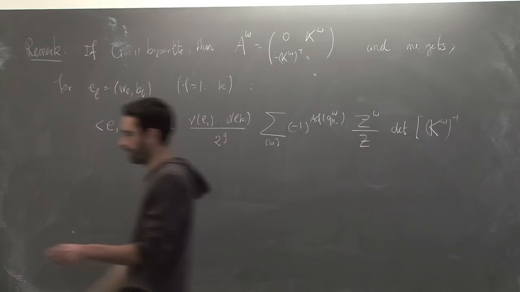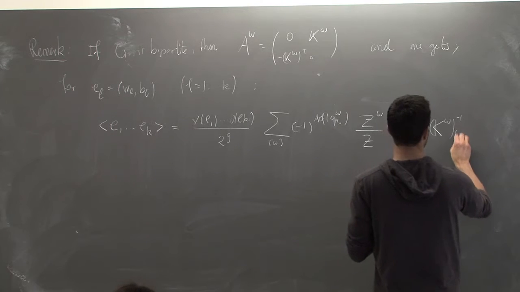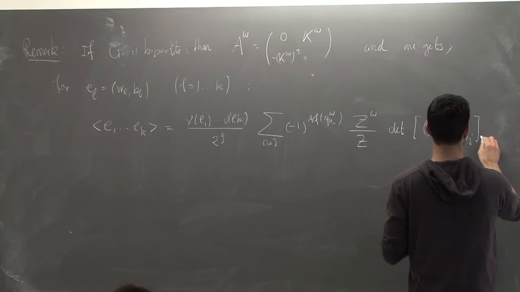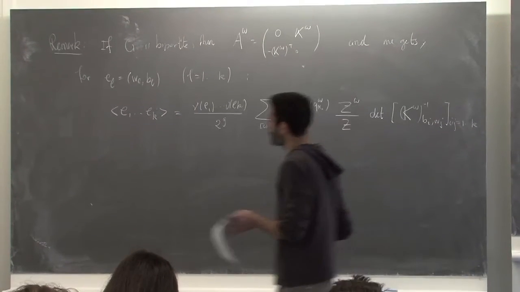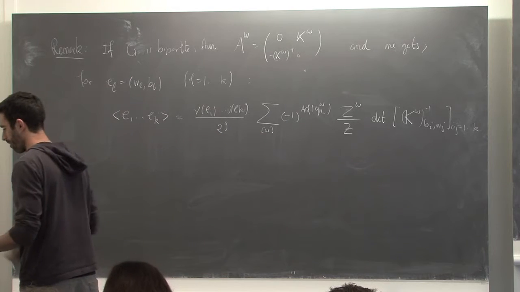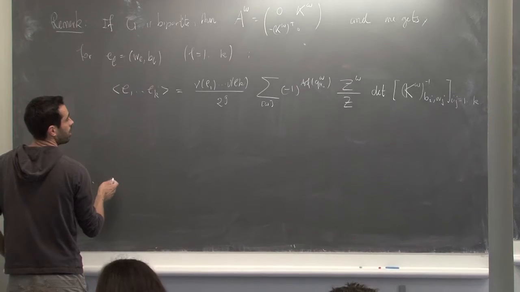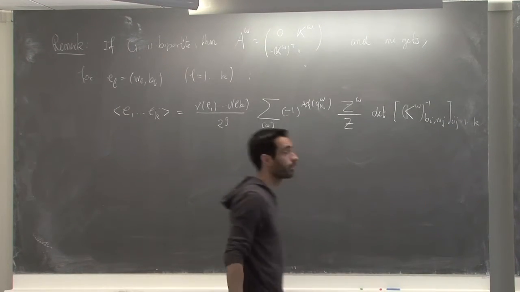So how do I write this? Of b_i w_j for i and j from 1 to k. I think in the planar case, apparently I had switched these two. It's not very important.